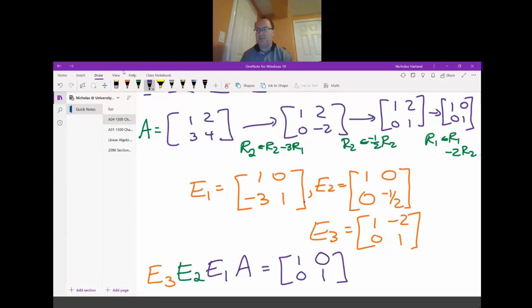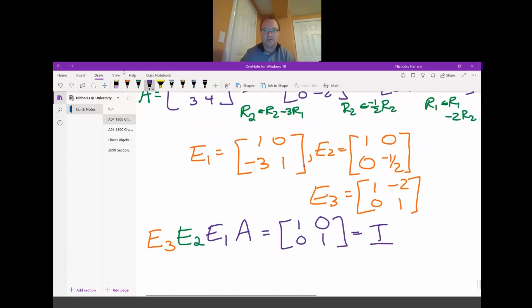We get 1, 0, 0, 1, which of course is the identity. And now we have a matrix multiplied by A that gives us the identity.